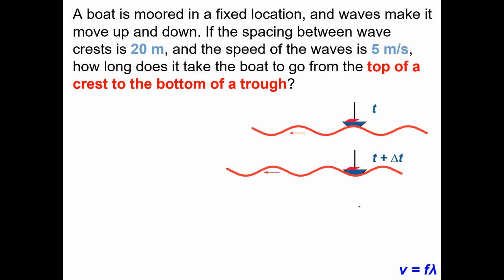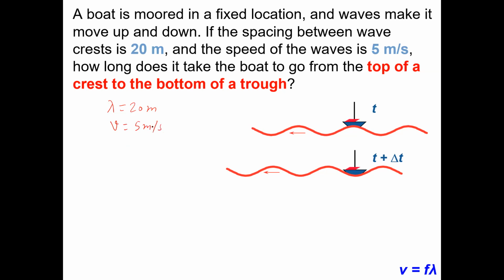Now, the spacing between wave crests is 20 meters. So you already know the spacing between two crests, or the spacing between two troughs, is the wavelength, which is given as 20 meters. Now the speed of the wave is 5 meters per second.